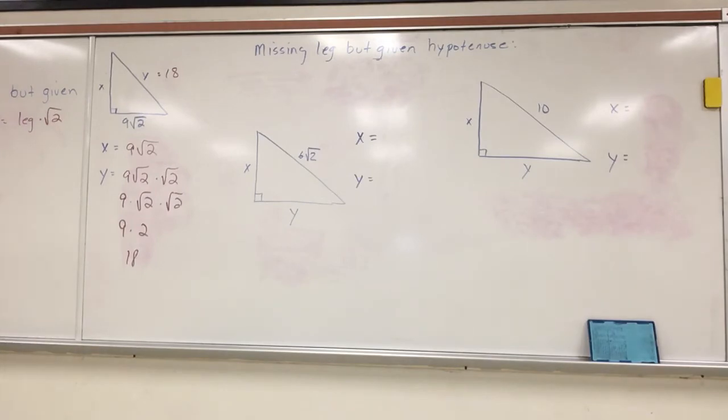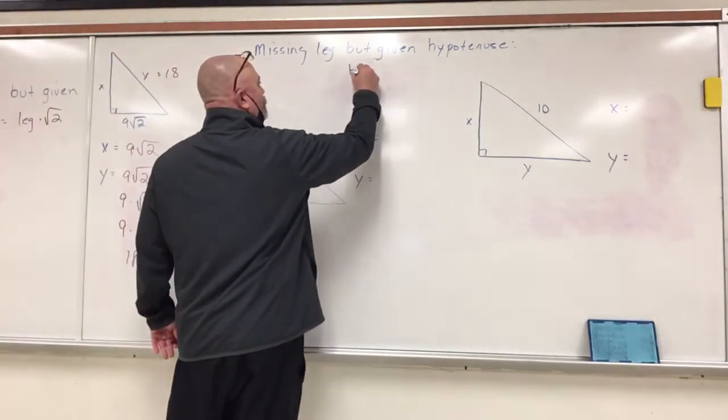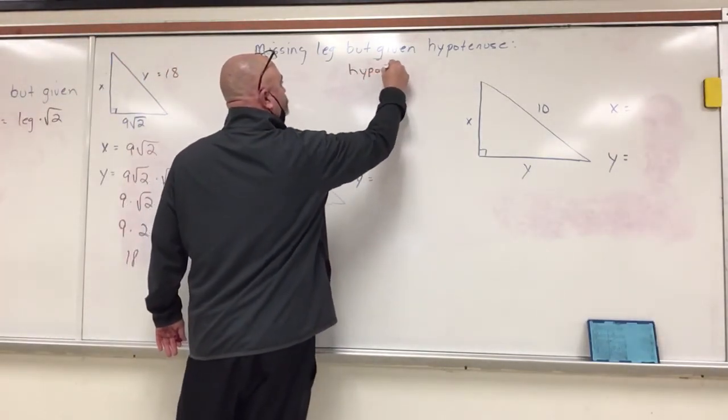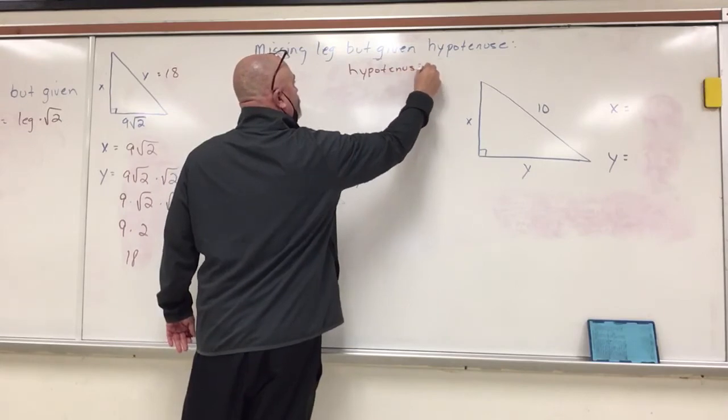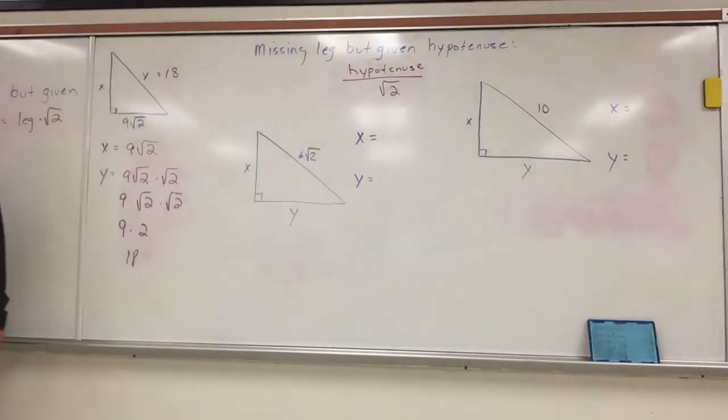Does that help you? If you're missing a leg but you're given the hypotenuse, you're going to take the hypotenuse and divide it by the square root of 2. That's going to give you your missing leg.